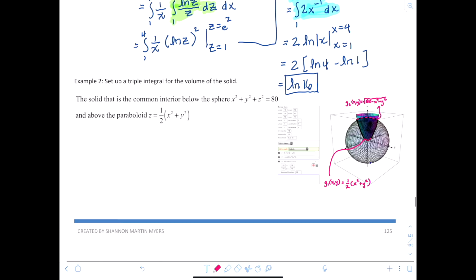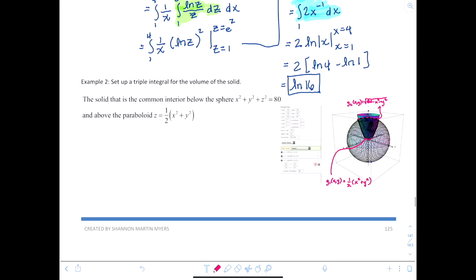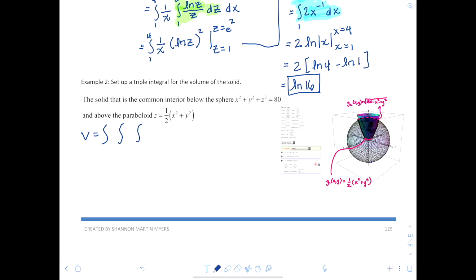So let's get that one set up and we'll go from there. The start of our volume is equal to, we're going to do the dx last, so I'll leave some space. We're going to work from the inside out, all right? And then we figured out our g1 and g2 of x and y.